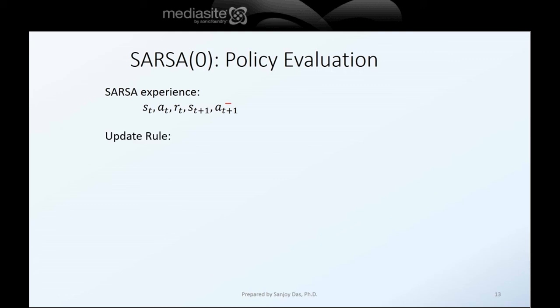So our update rule is: old value Q of ST, AT is updated with 1 minus alpha t of Q of ST, AT. This is the old value, excuse me, I misspoke. This is the new value.